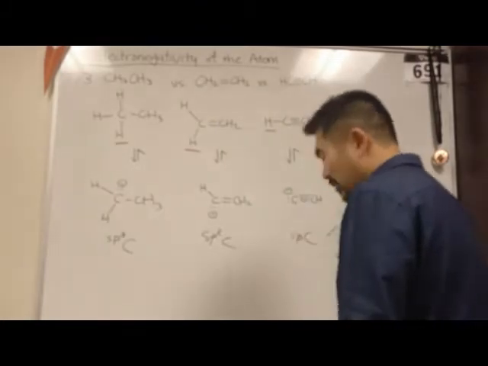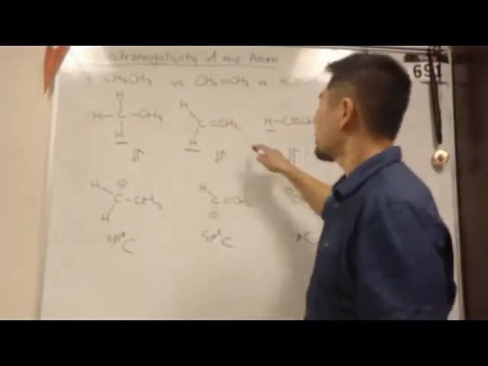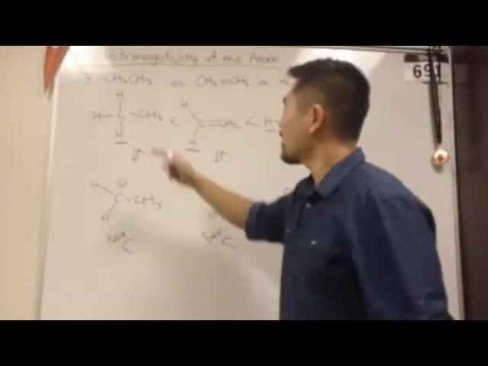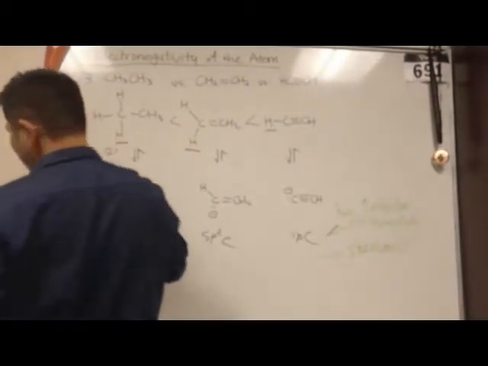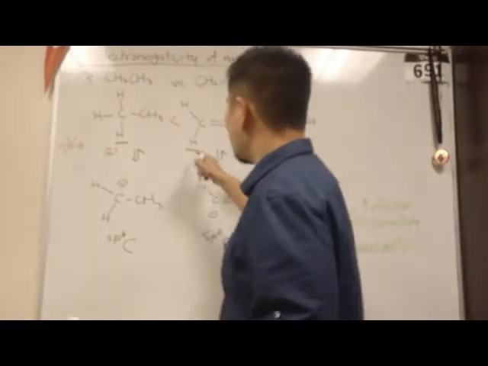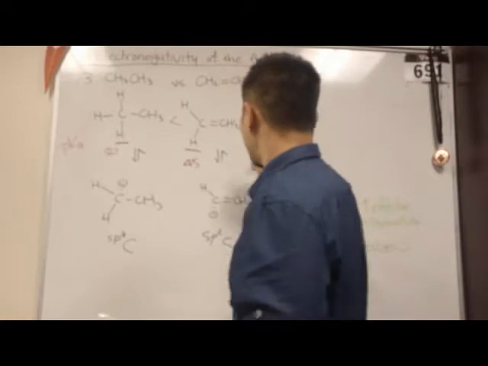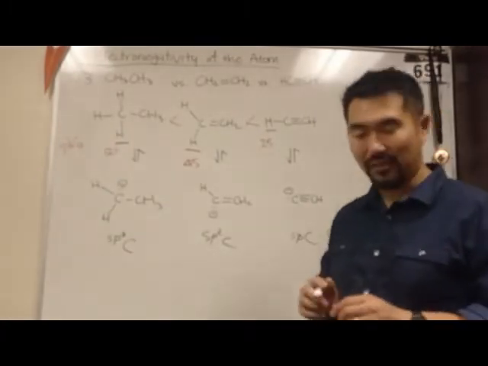And so if you compare the acidity of the three potential acids here, this is going to be the most acidic. Alkane, of course, is going to be the least acidic, and that's reflected in the pKa. This is around 50. The pKa of an alkene proton is around 45, and an alkyne proton, you still might remember, is around 25.